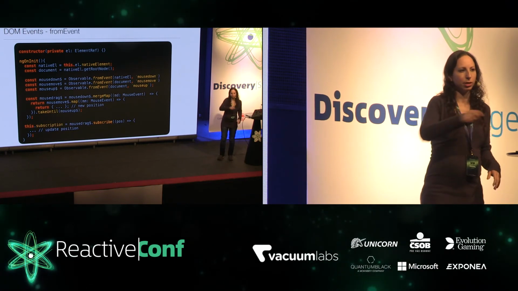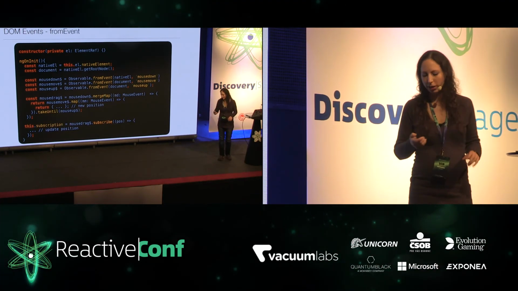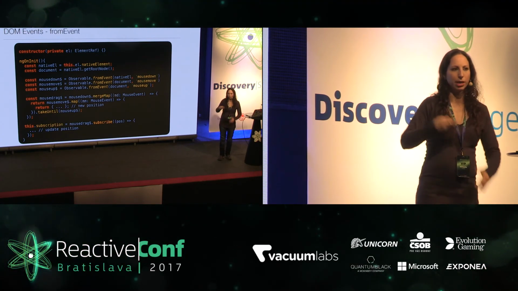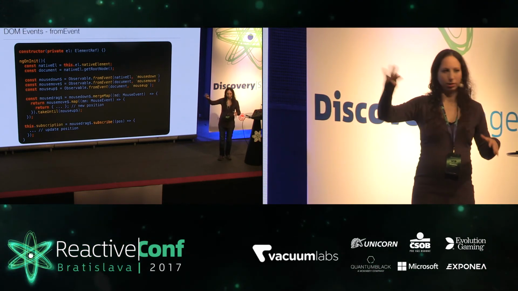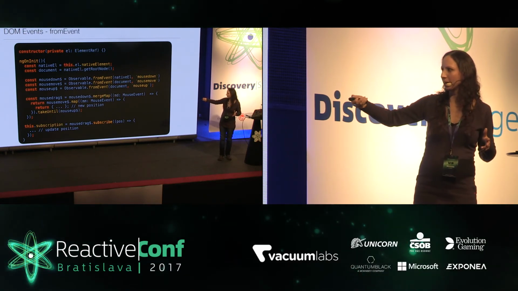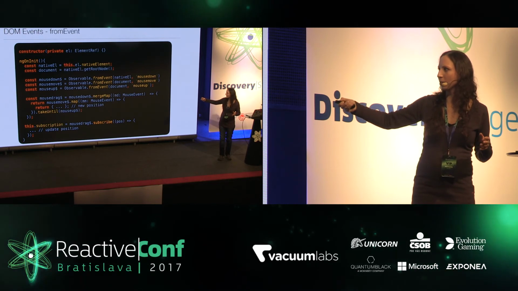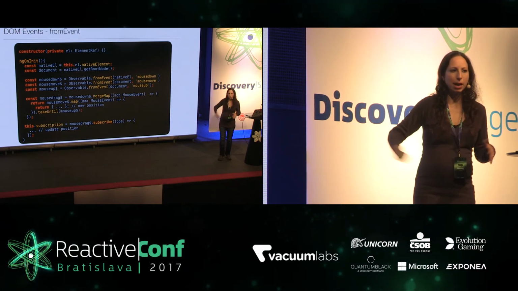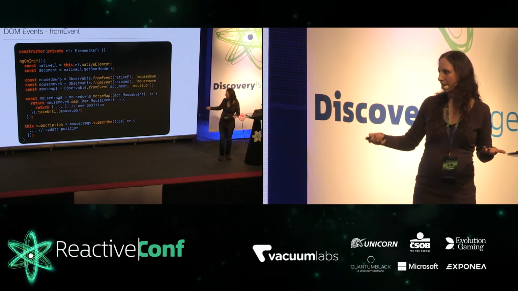This is an example of mouse move, where you can create observables from the mouse down, like in a drag and drop example. So you create the observable from the event mouse down, and another one from mouse move, and one from mouse up, but nothing happens until you subscribe to them.